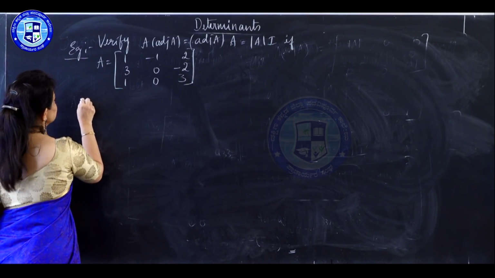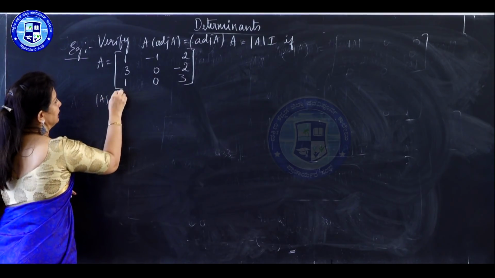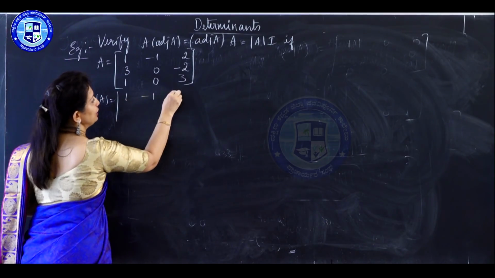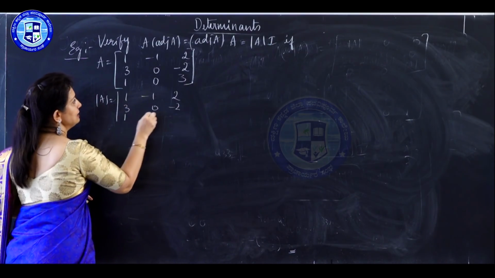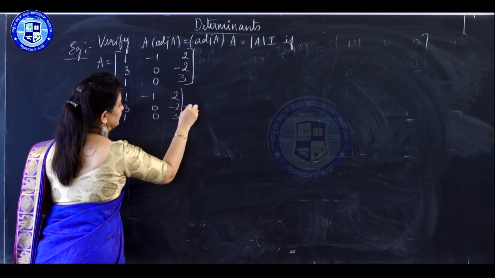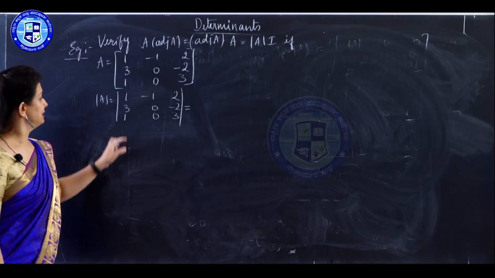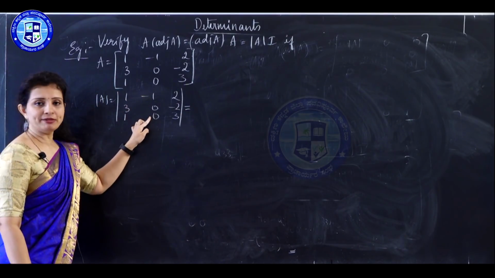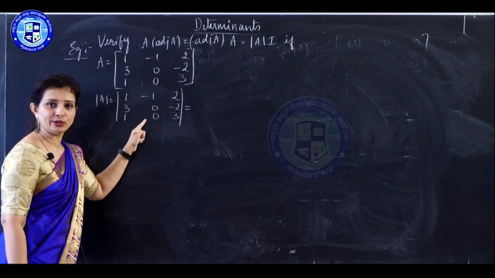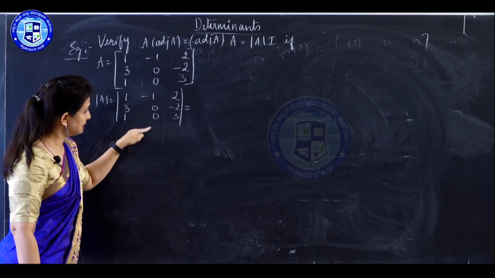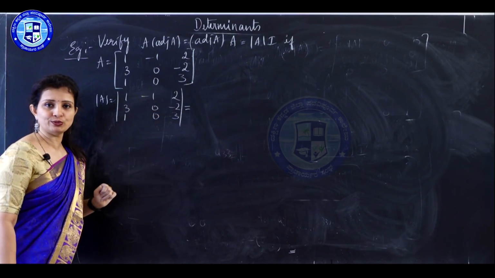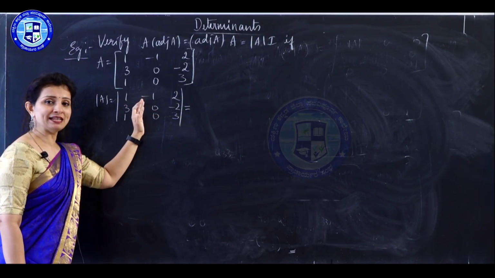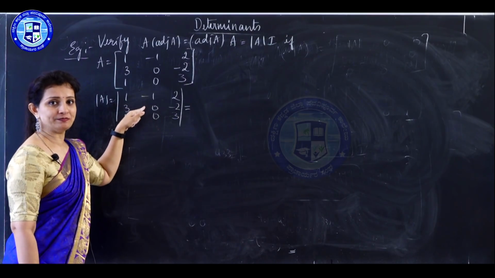Determinant A equals determinant of 1 minus 1 2, 3 0 minus 2, 1 0 3. Look at this. Here the second column elements are minus 1, 0, 0, so the second column has the maximum number of zeros. It's always better to expand along the second column, correct?